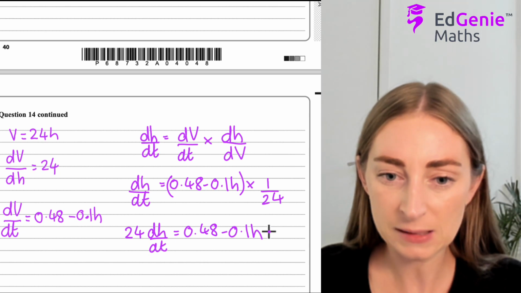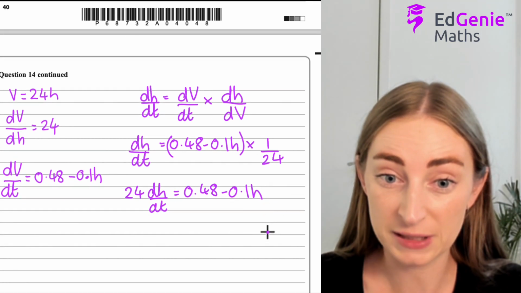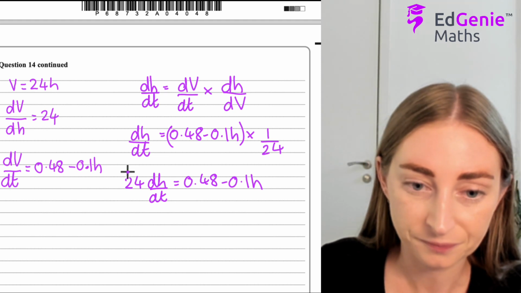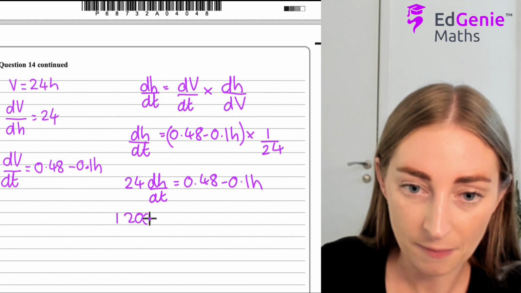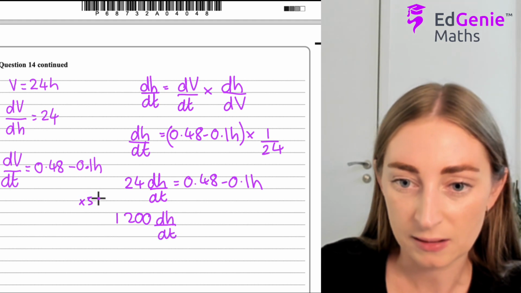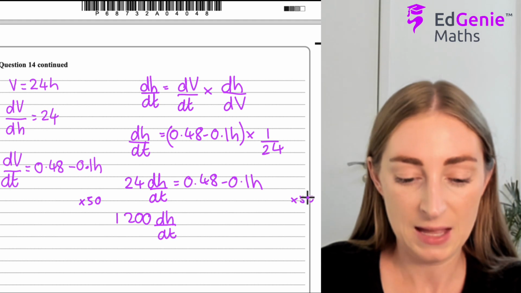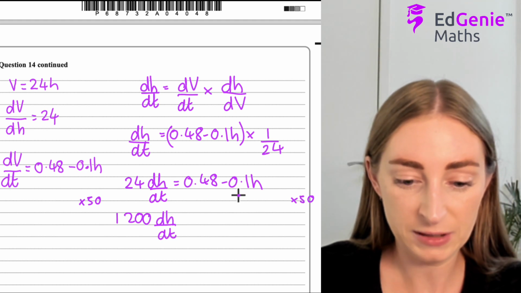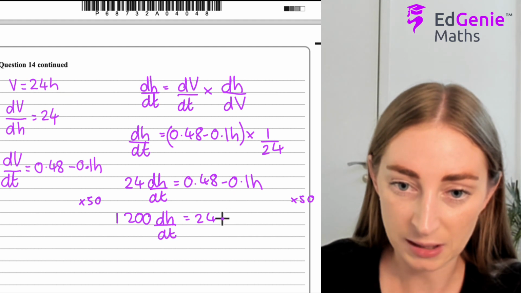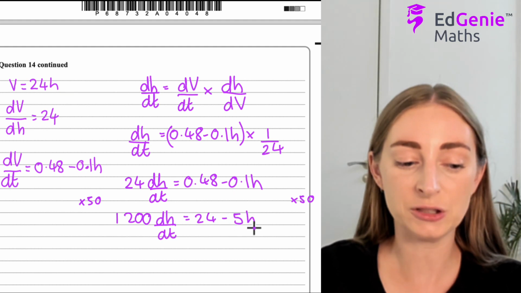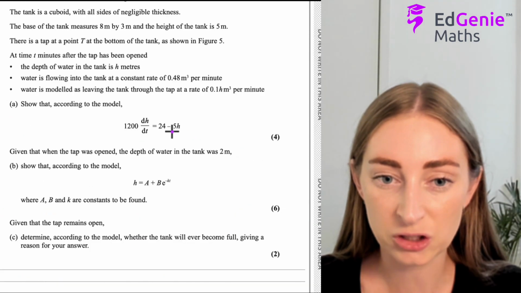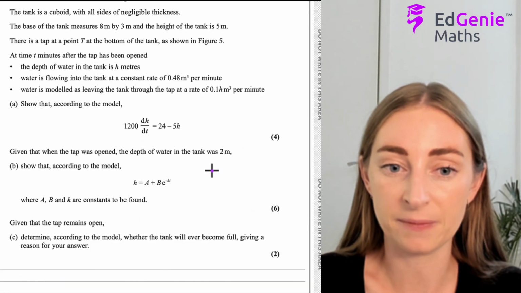So let's multiply everything by 50. 24 times 50 is... I might just make a note here that I'm multiplying by 50. 0.48 times 50 is 24. And this is then going to be 5h, which is how I knew I was multiplying it by 50, because the question wanted 5h. So we've done it. We've done part A.